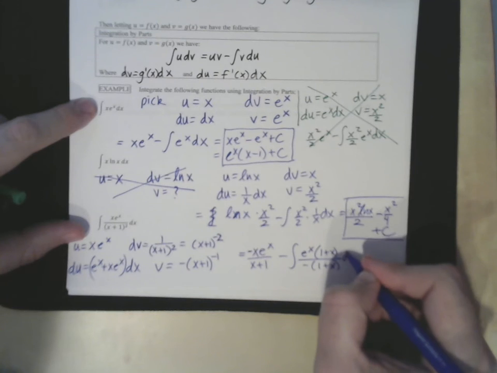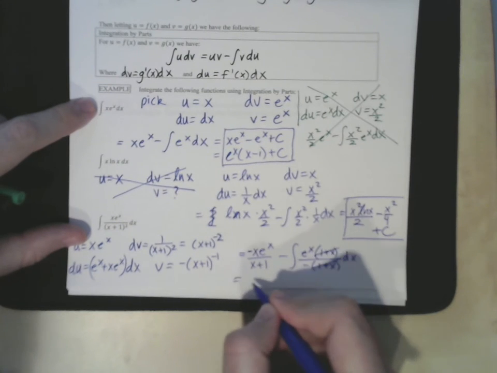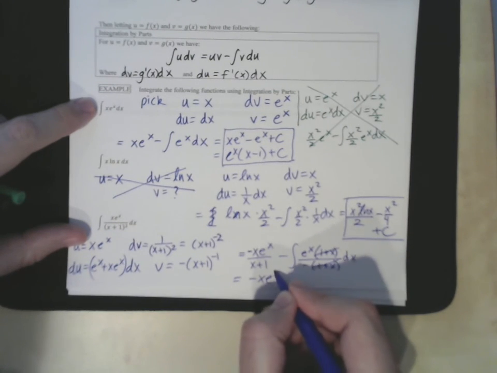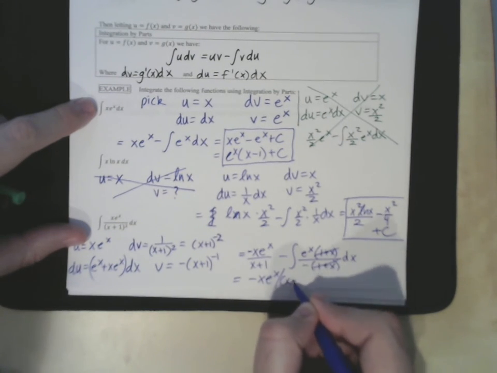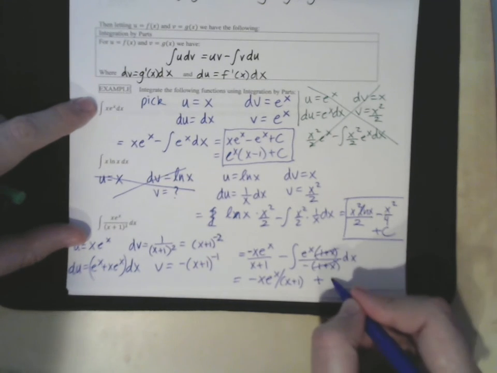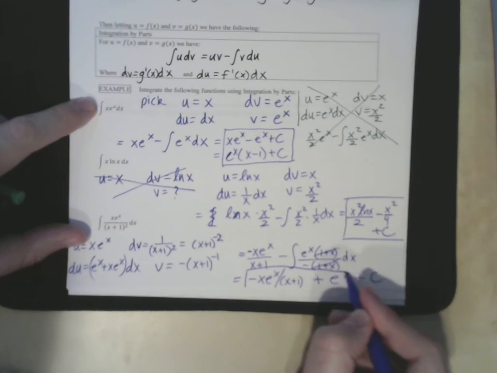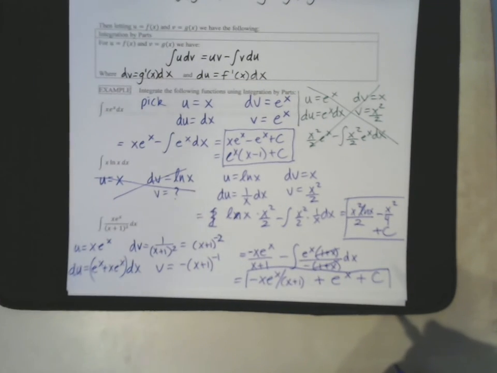And I've rewritten it on purpose like this, dx. So now these cancel, and this is just negative x e to the x over x plus 1. Minus minus makes this plus. Antiderivative of e to the x is just e to the x plus c. And that's our final answer for that problem.